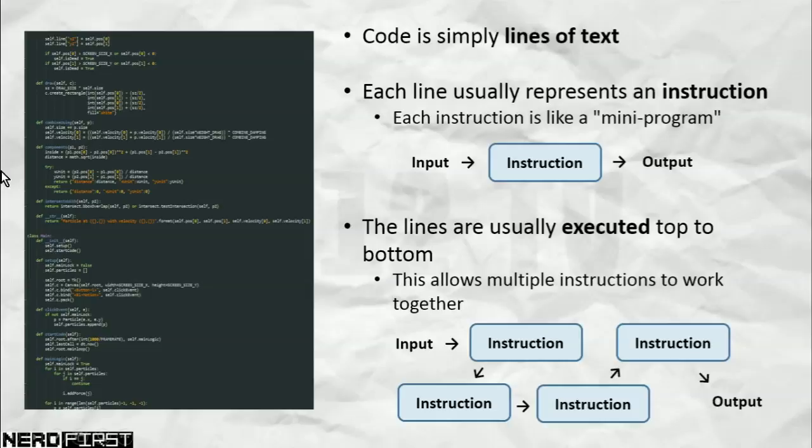This essentially becomes a more complex program. In fact, that's really what a program is. It's just a bunch of instructions working together to produce the outputs you want. And that is essentially the general picture of how a piece of code works. Keep this in mind as we take a look at all the various features that are available in programming languages.